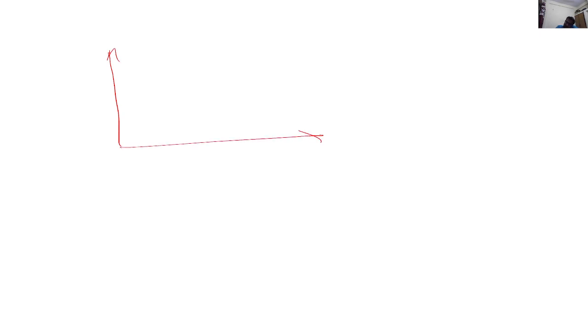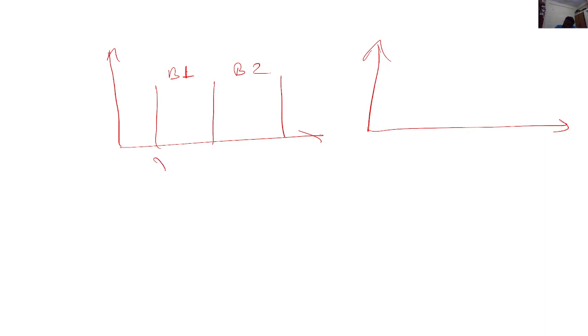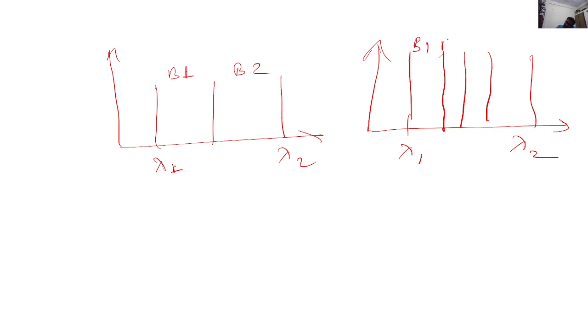A two band image, let us suppose this is band 1, B1, this is B2, versus a four band image in the same range. This is lambda 1, this is lambda 2. Again, we are between lambda 1 and lambda 2 only, but we will have four bands: B1, B2, B3, B4.